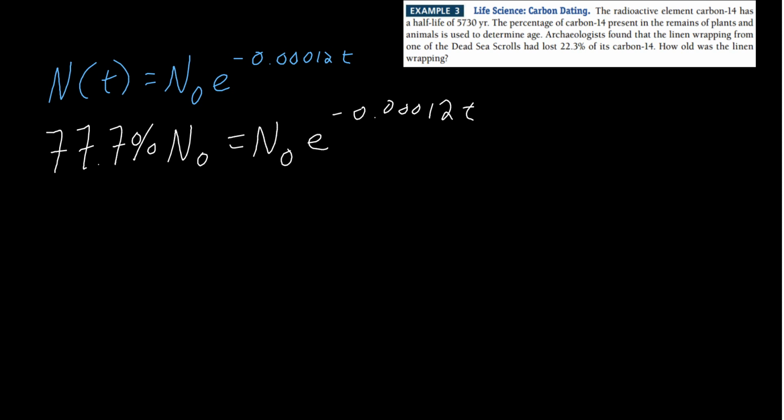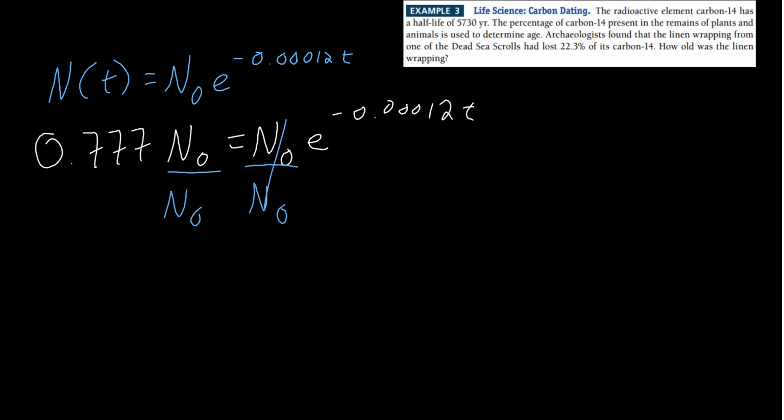Let's rewrite the percentage as a decimal, which is 0.777, and then we can solve. When we solve, if we divide both sides by N naught, that goes to 1, and this goes to 1, and now they're gone.